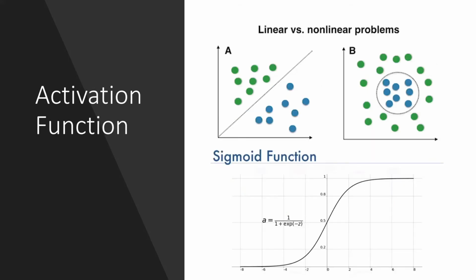An important part of neural networks are activation functions, and we use them for learning and for the final output layer as well. So for instance, take this data set, think of it as green being non-fraud and blue being fraud. If we get a transaction and it's on the blue side, you would most likely put it as a fraud.